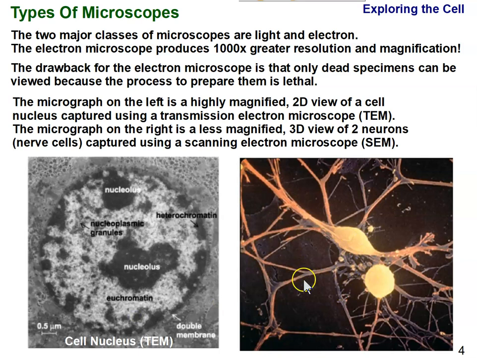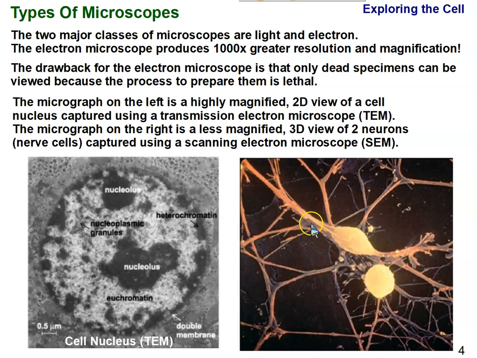Here we see a scanning electron micrograph, and it's three-dimensional. So that's one of the biggest differences between transmission and scanning electron microscopy: transmission is two-dimensional, whereas scanning is three-dimensional, and it's because it's bouncing the electrons off the outside of the cell. So we're not seeing inside the cell, we're seeing the whole cell.